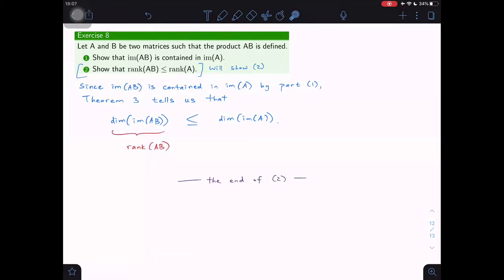We have seen that the dimension of the image of a matrix is equal to the rank of the matrix. So this value is equal to the rank of this matrix AB. And this value, the dimension of the image of A, is equal to the rank of A. And so the inequality holds. And we have finished proving part 2 of exercise 8.